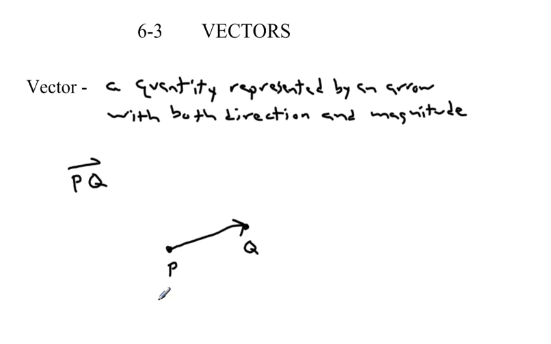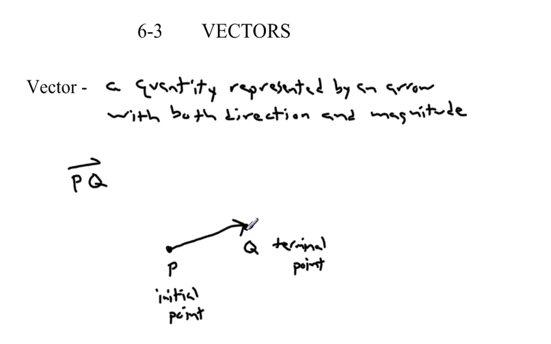P is what's called the initial point, and Q is what's called the terminal point.